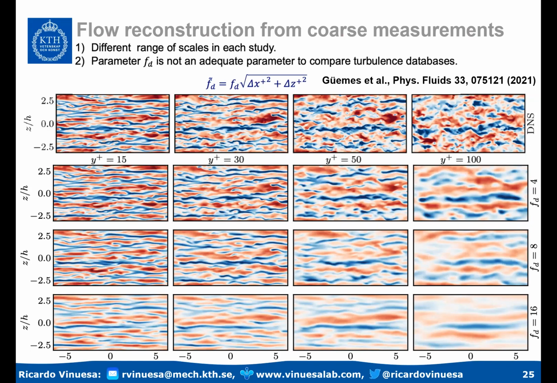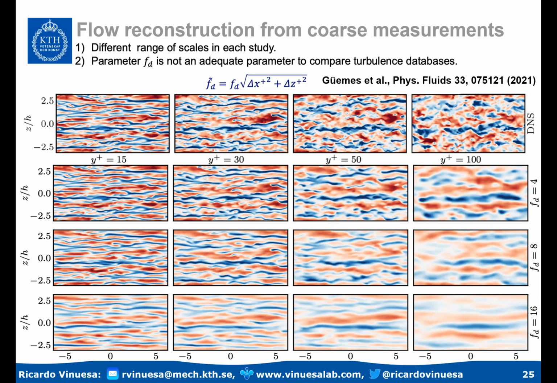Clearly, the easiest prediction to make is this one, right? These two panels, because the data is close to the input and the downsampling is quite low. And you can see that the prediction is still really good. As we saw before, the y plus 15 data is very well predicted, even with a small downsampling. The most challenging prediction is this one over here, the bottom right panel, which we want to compare with the top right panel.